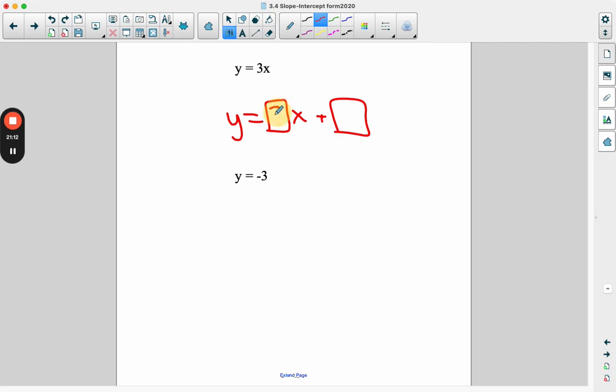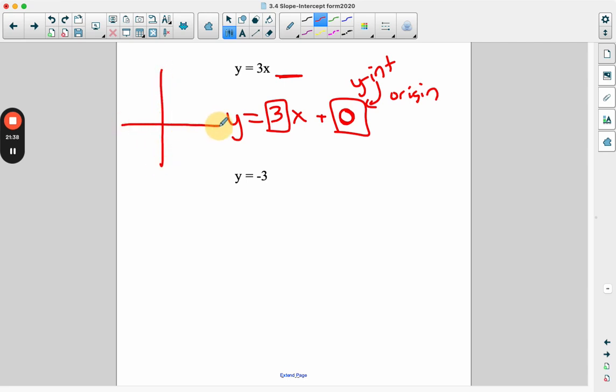Y equals 3x. Yeah, I have some x's. Is there anything added or subtracted at the end here? The answer is no. Well, kind of no. It means we're adding 0. So with an equation that's missing a number added at the end, that just means that your y-intercept is 0, or at the origin.